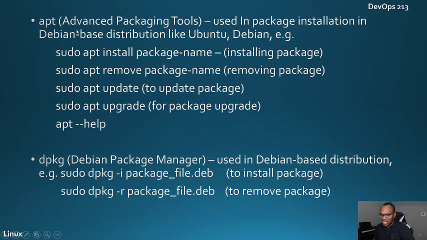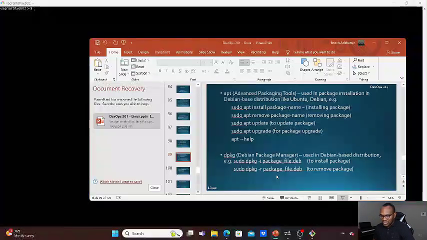You are using apt in Ubuntu or Debian, and you can install a package using apt, remove a package, or run apt update, and you can upgrade to a newer version, or run apt help if you want to know more about the apt command. Before you install any package, you always have to run apt update to update your package repository index.